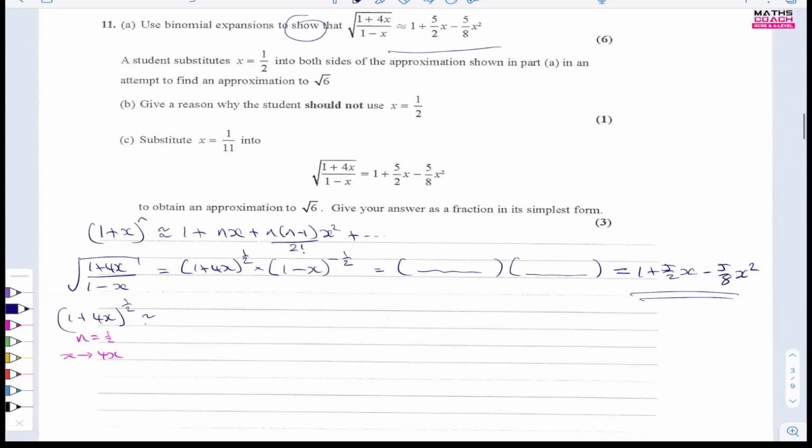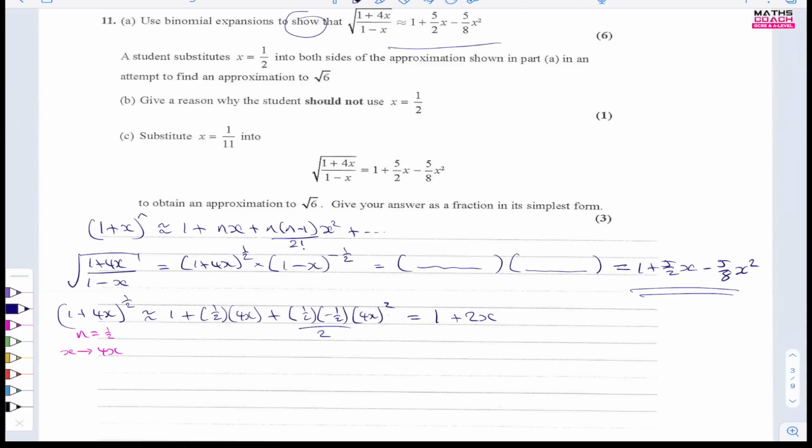So that's approximately equal to 1 plus nx, so that's a half times by 4x, and then n minus 1 times by the 4x squared divided by 2 factorial, which is 2. Let's simplify this, so we get 1.5 times 4, so that's plus 2x. I would say that if you're not confident in working with arithmetic with fractions, just type it all in the calculator.